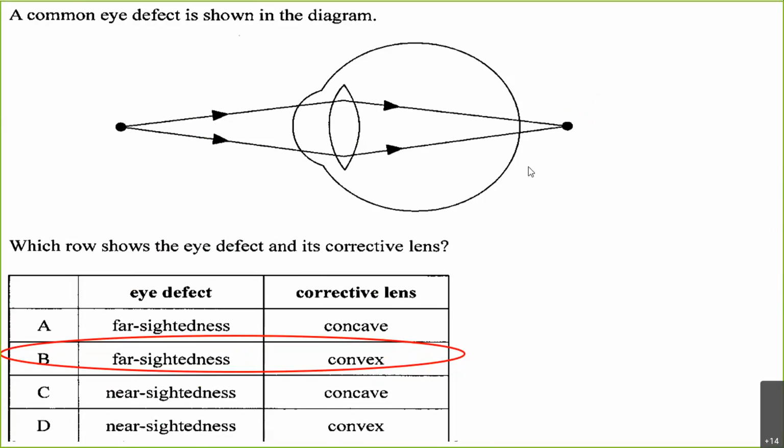Miss Connie, what lens do you use? Concave or convex? I mean, in your glasses. I don't know. I have astigmatism, so I don't know. I have to find out. But if I had to guess, astigmatism is when your eyeball is too oblong.